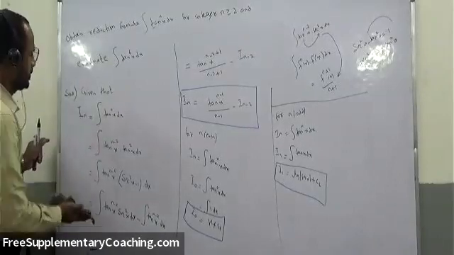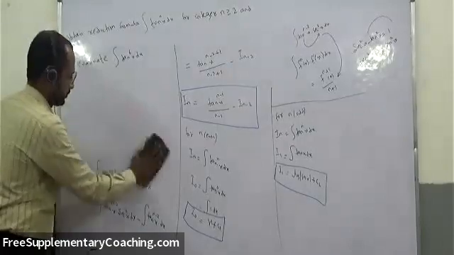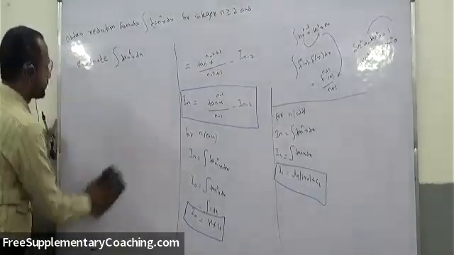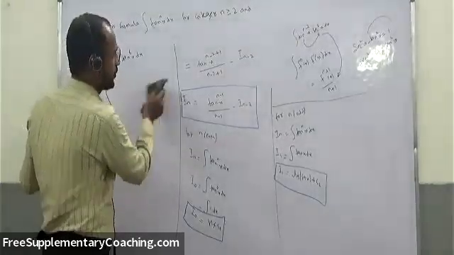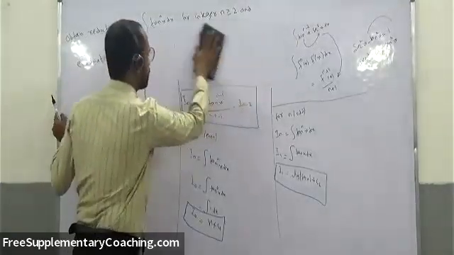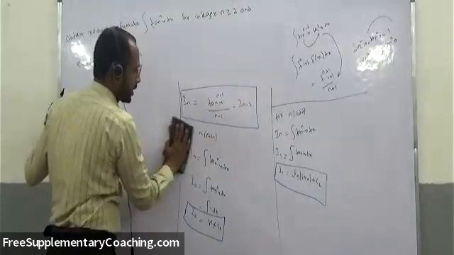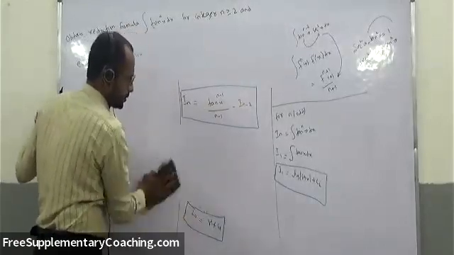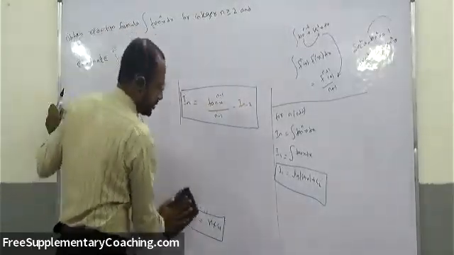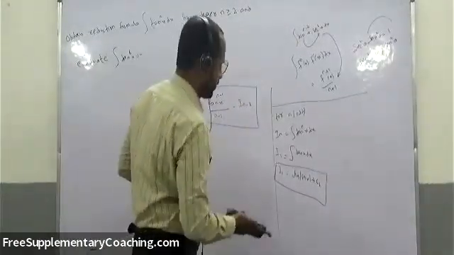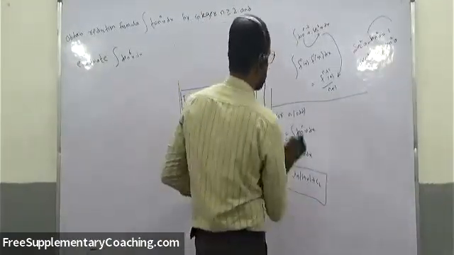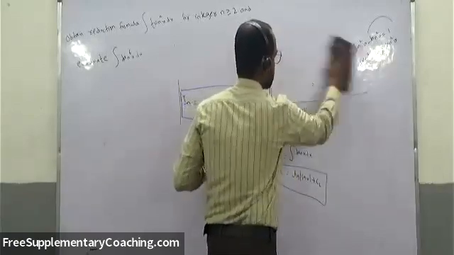I'm referring to this. This I have to use. This we can remember: I_0, and even I_1 as log mod secant x plus c2.